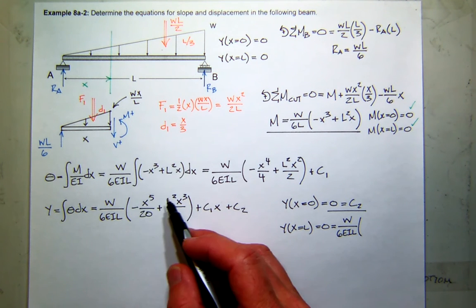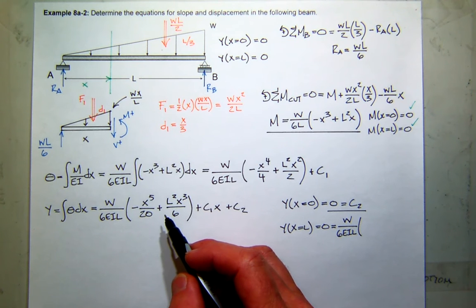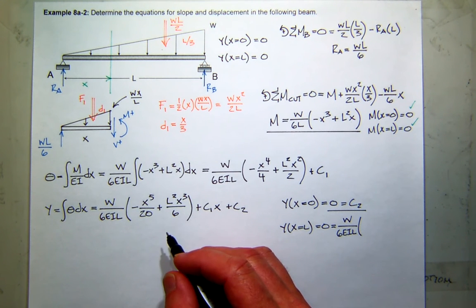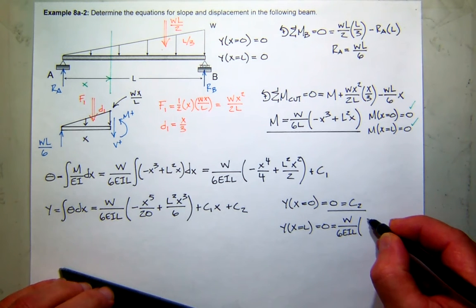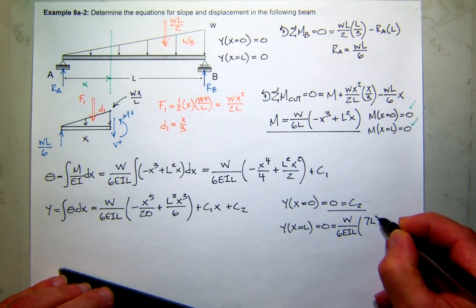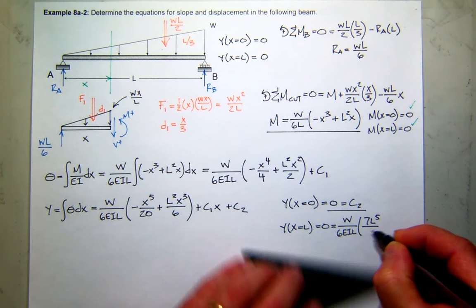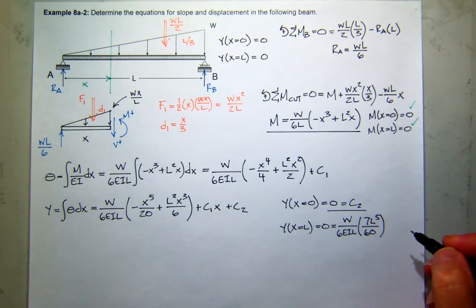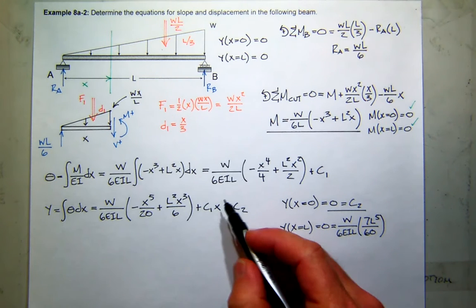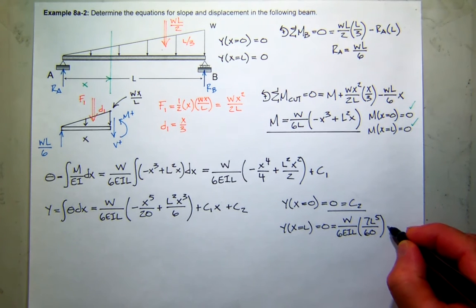Negative 3, positive 10. It looks like 7L5 over 60. And then you plug in L here, you get plus C1L.